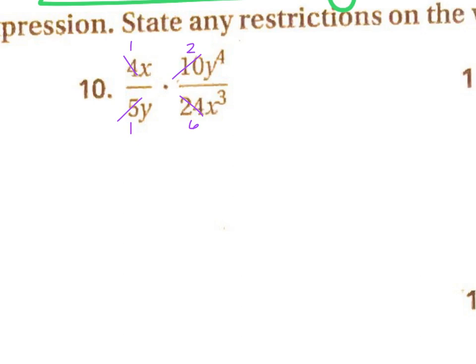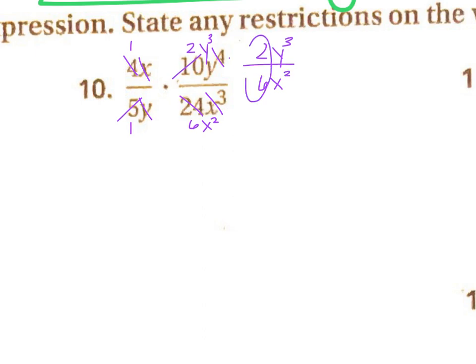Okay, you have x and x to the third, so that's going to get rid of one of our x's, so it's going to be x squared here. And then y to the fourth, and y is going to make this y to the third up top. So if you look at what we have right now, we have 2y to the third over 6x squared.